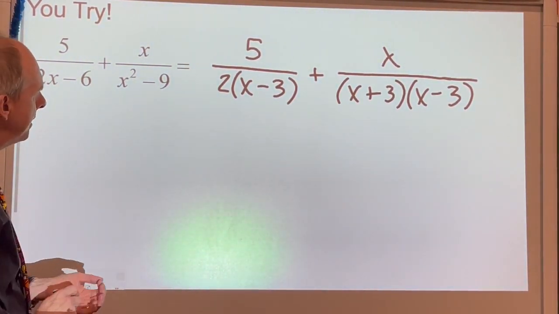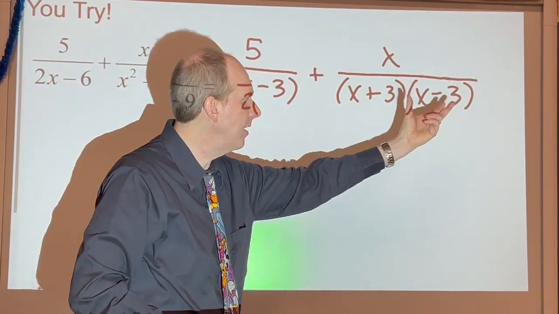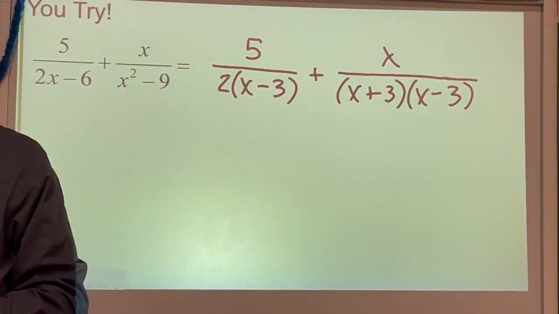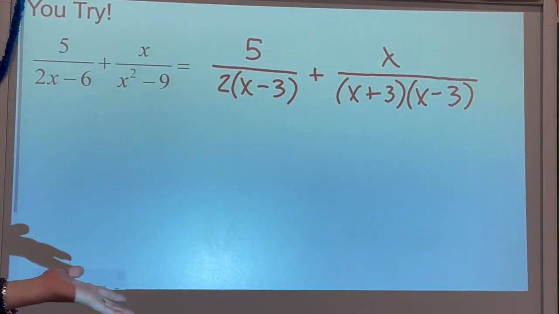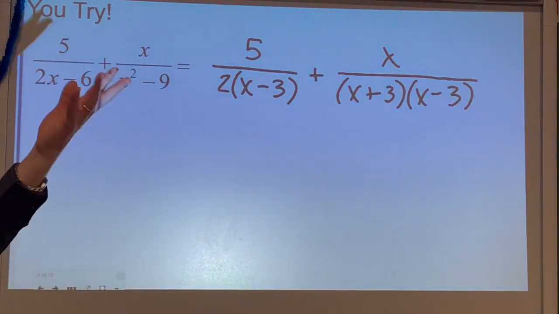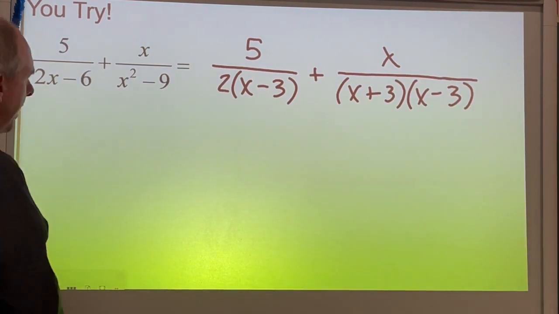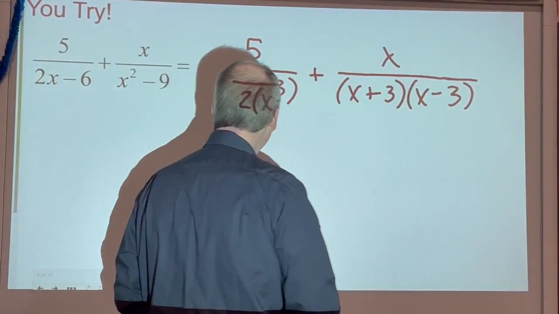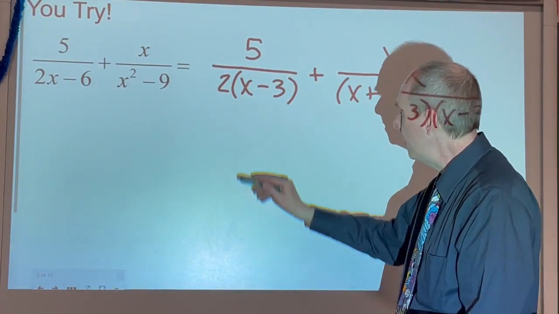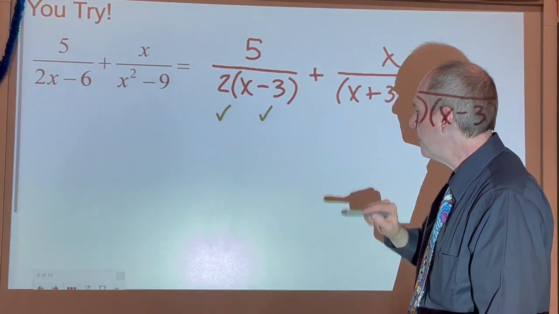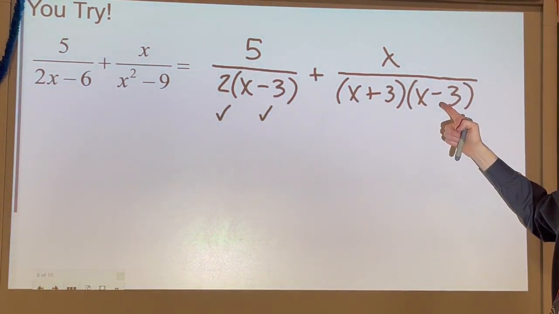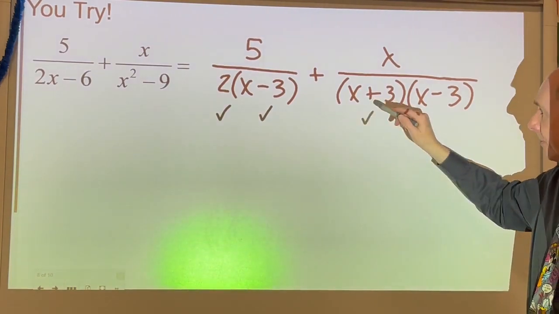But what I noticed is we have a common factor of x minus 3. So they already have that in common. I don't need to repeat it if they already have it in common. When I'm making my common denominator, I want each of the factors that's different. So what do I need? Well, I need a 2. I need an x minus 3. I already have an x minus 3, but I do need an x plus 3.